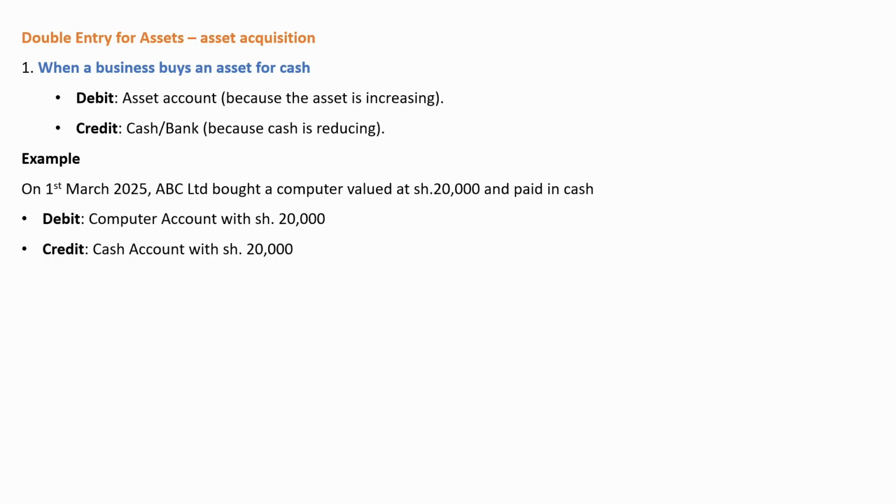You did not have a computer before, now you have a computer. So assets have increased. You debit the computer account, which is an asset. And you had 20,000 in cash before. You have spent your 20,000 to buy the computer, so you no longer have the cash. An asset in the name of cash has reduced. So you credit cash account with 20,000.